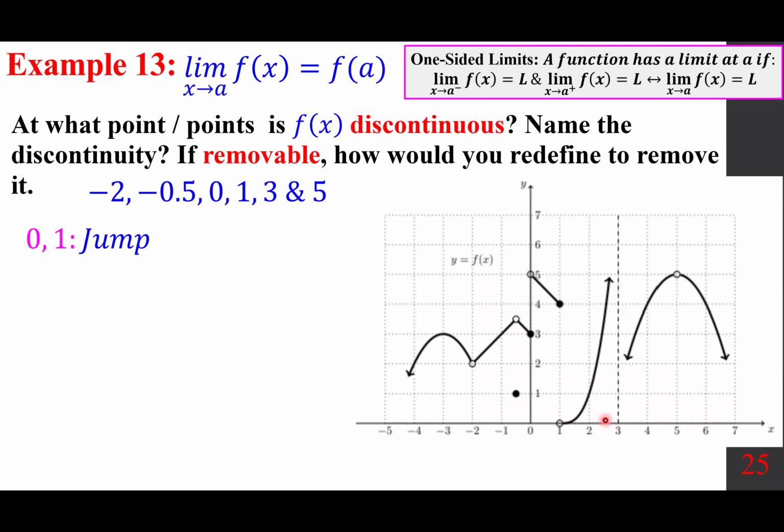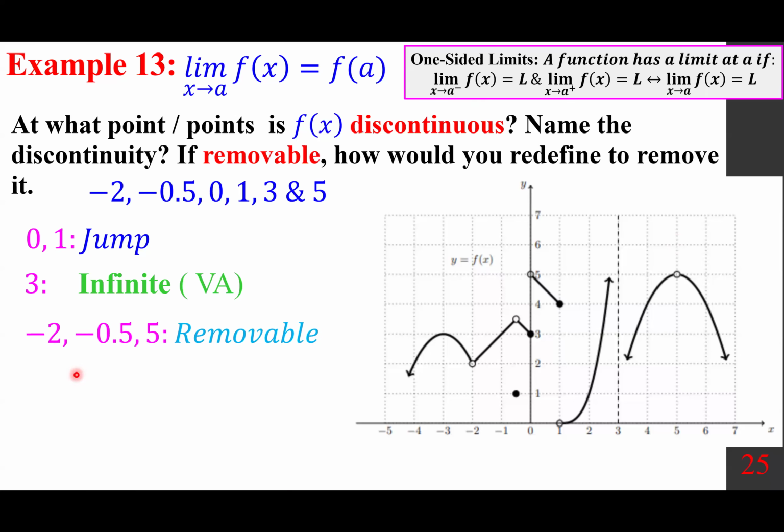Vertical asymptote. So number 3, VA or infinite or vertical asymptote. The rest of it, look at -2, you have a hole. Look at -0.5, you have a hole, and +5, you have a hole. The rest of them, -2, -0.5, and 5, we call them removable discontinuities.